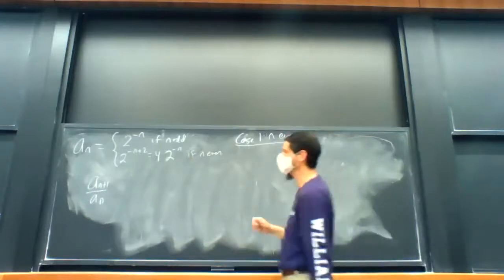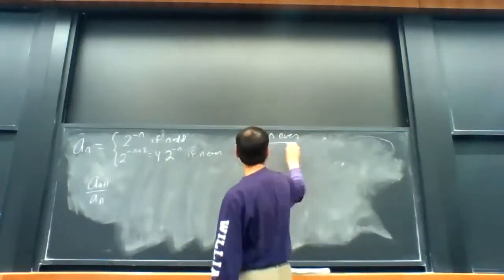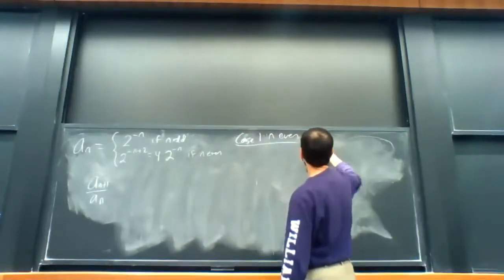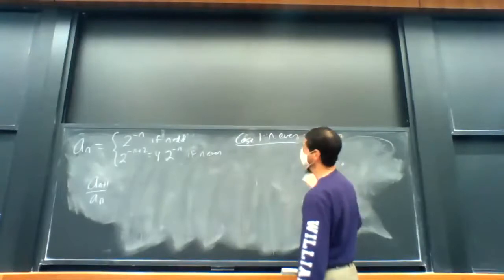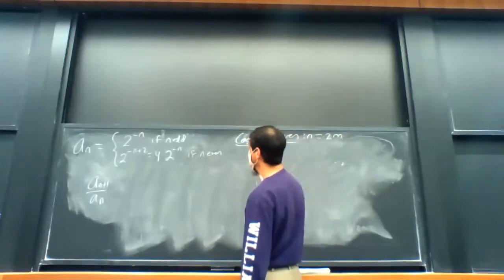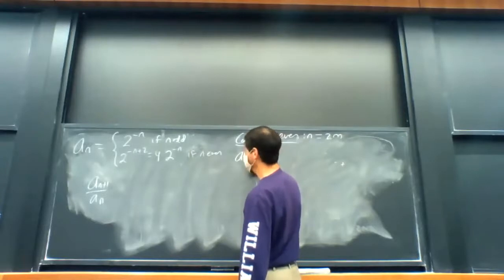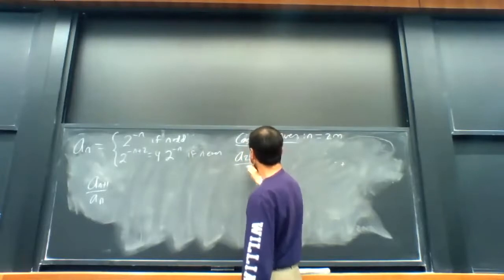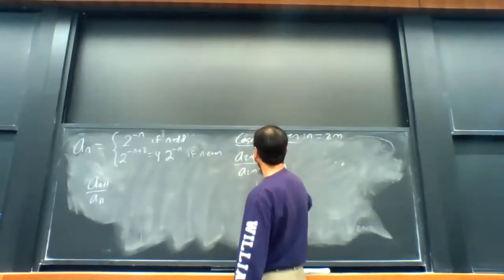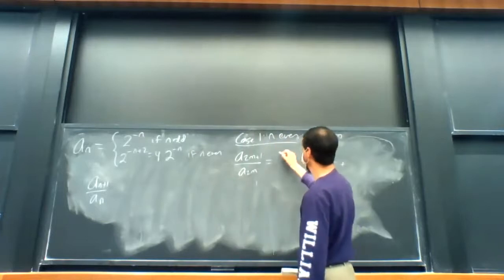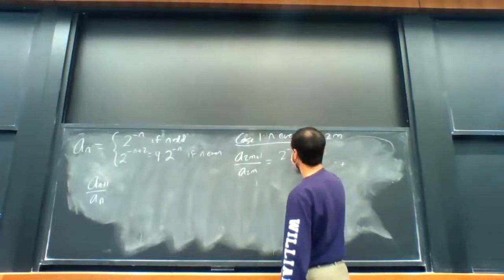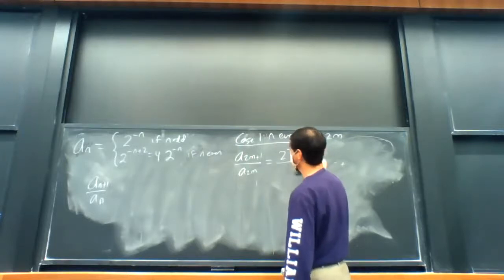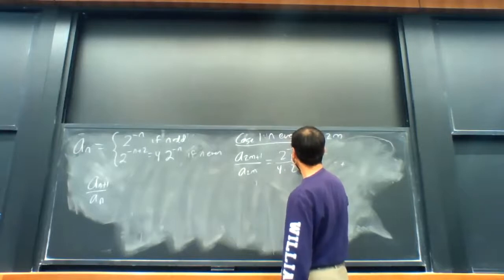So if n is even, let n equal 2m, an even number. So a_(n+1) over a_n is a_(2m+1) over a_(2m). So a_(2m+1) is going to be 2 to the negative (2m+1) divided by 4 times 2 to the negative 2m.